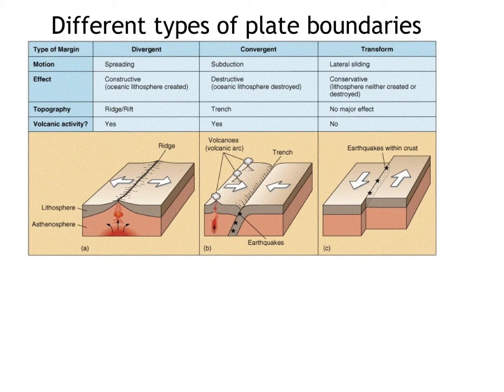And convergent can be either when an oceanic plate is coming at another plate and therefore it's going to subduct, or when you have continental to continental where they're going to suture together, and that's where you're going to get big mountains forming. So be ready for a diagram or some questions.